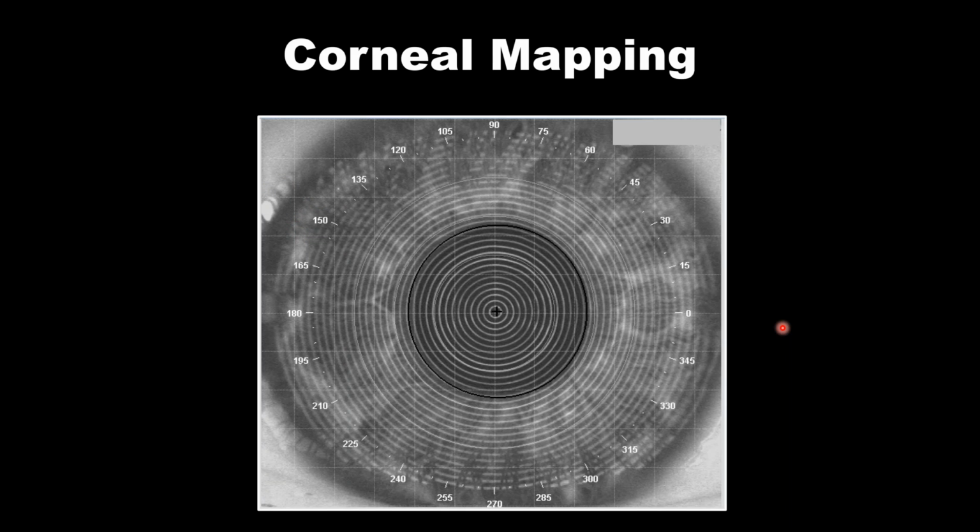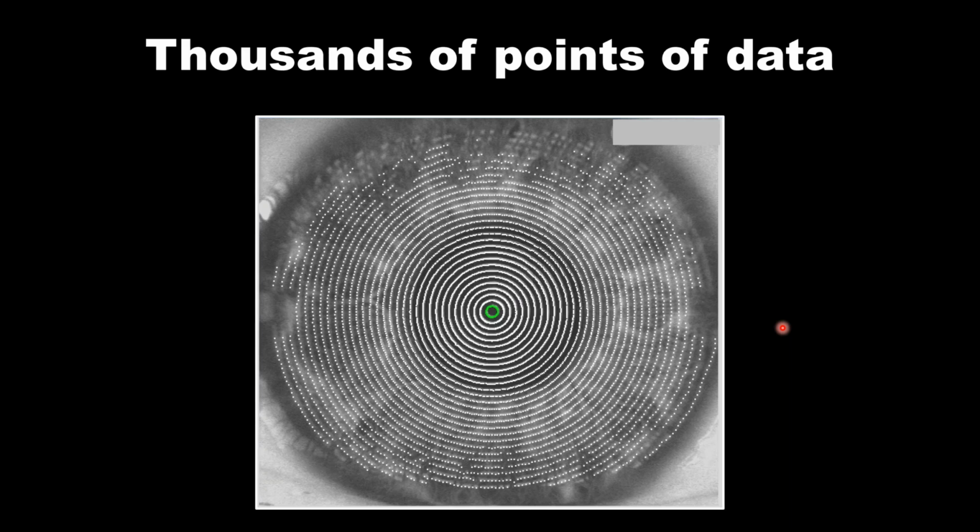Let's try to stretch out those rings, or that area of data collection, to the farthest reach that we can. What that does is it takes all of those rings that are reflected off the cornea, and each one of them has data points along them. Obviously the rings concentrated in the center will have the least number of data points, and as you go farther out, you're collecting more and more data points along each ring.